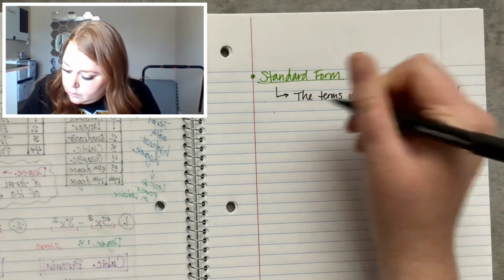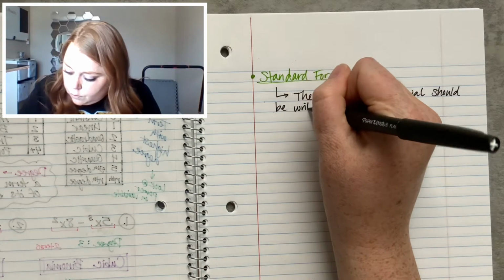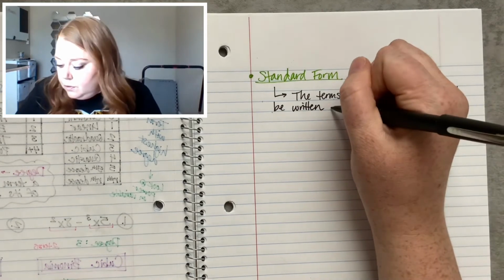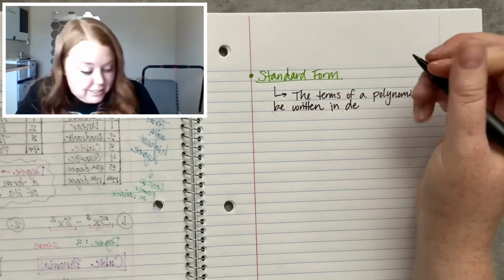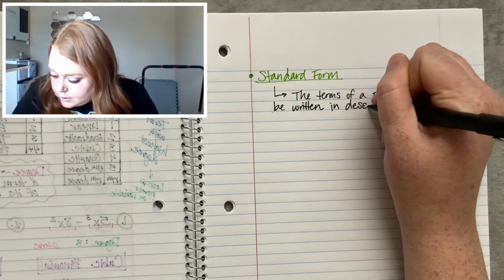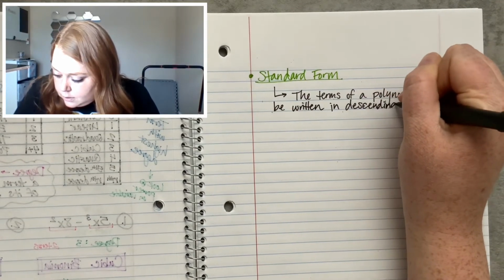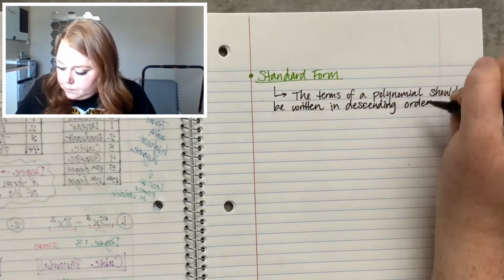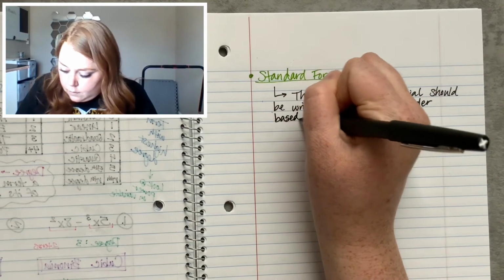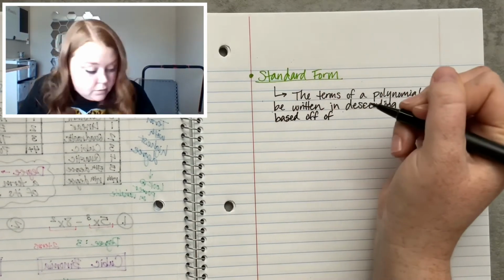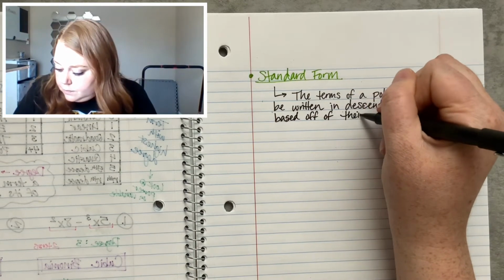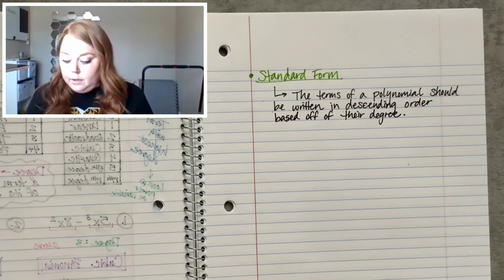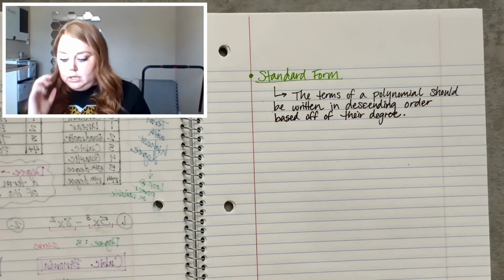The terms of a polynomial should be written in descending, D-E-S-C-E-N-D-I-N-G, written in descending order based off of their degree. So you can think of it as their power. Terms of a polynomial should be written in descending order.